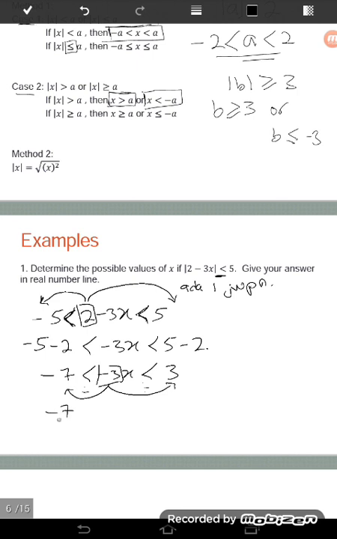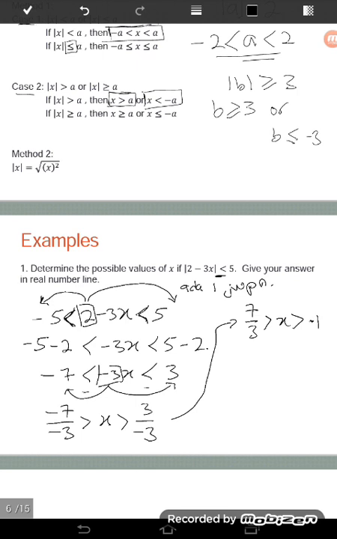So negative 7 over negative 3, so less than become greater than x, and here less than become greater than 3 over negative 3. So therefore you will have the answer negative 7 over negative 3, which is 7 over 3, greater than x, and greater than 3 over negative 3 which is negative 1.